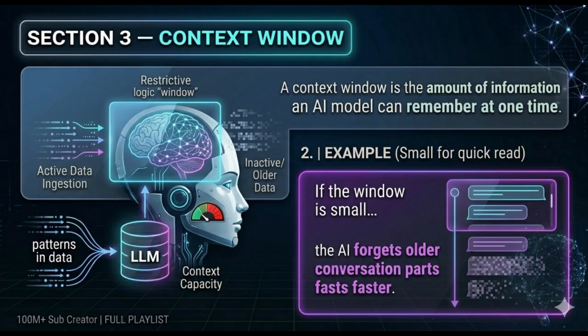At some point, the AI may forget details from the beginning because they no longer fit inside the context window. This is one reason why AI memory systems exist. Developers build memory systems to help AI remember important information outside the context window.